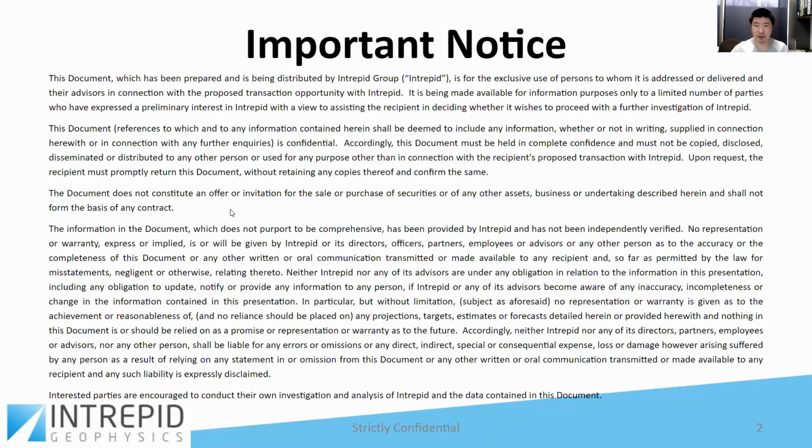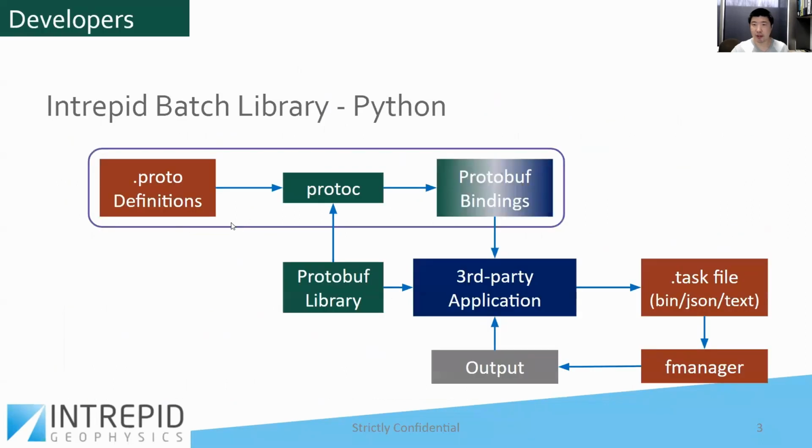Oh, geez, important notice. I'm not going to read this paragraph. This makes me remember a big red FBI warning type of thing. Okay, now I think George has given a short introduction into Google Protocol Buffers and what kind of role it plays in Intrepid.